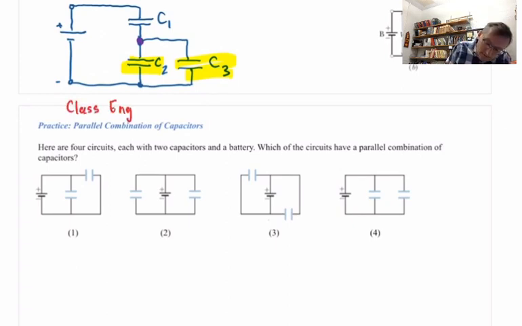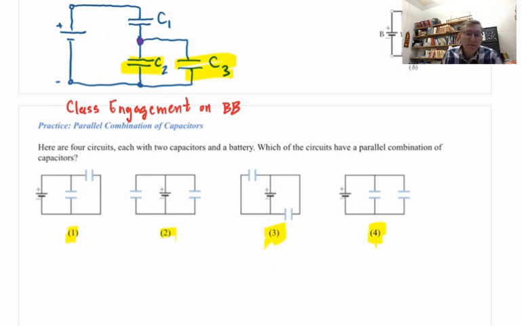questions that will give us a chance to practice identifying when we have various kinds of connections. So you've got 4 circuit diagrams here. They're numbered 1, 2, 3, and 4. Each one has a particular battery, same kind of battery, and 2 capacitors.